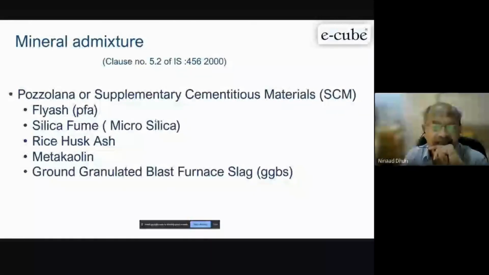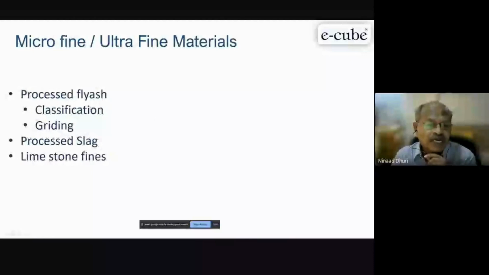But the standard says you can go even higher percentages of fly ash. It is called high volume fly ash, but then you should have proper data, including all durability parameters. So we have classified fly ash.